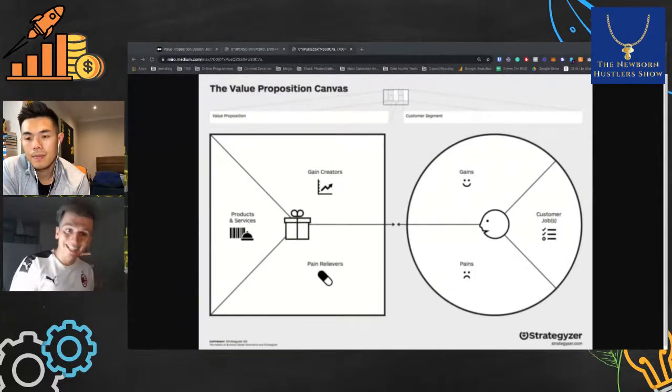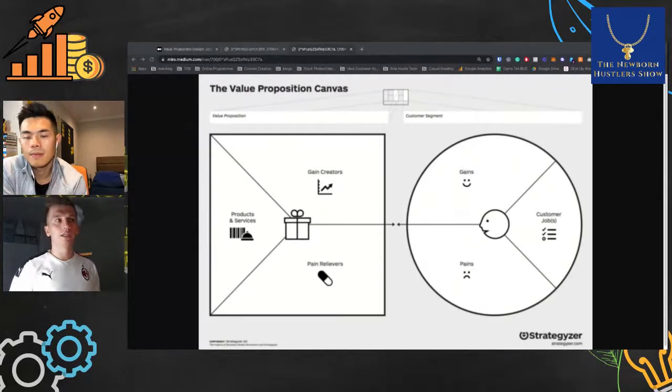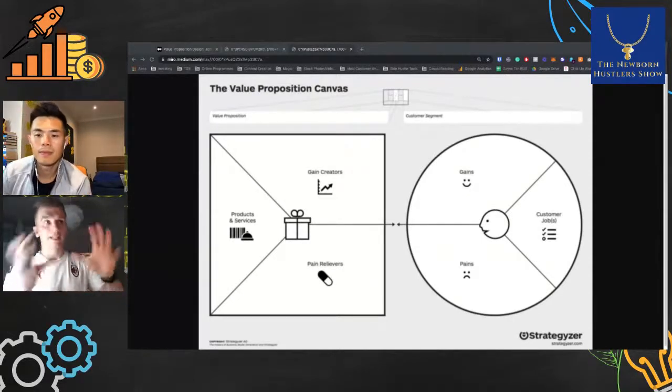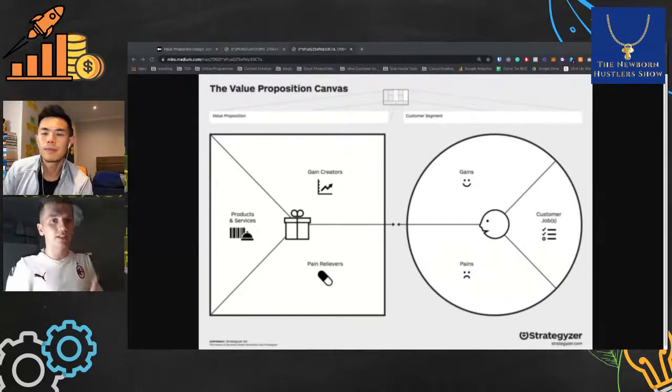But on the gain creators side, not every coach will behave like a friend. Not every coach will be so flexible with their time schedule, etc., etc. These are multiple things that you can play around with and deliver these gains, these benefits to your customers.